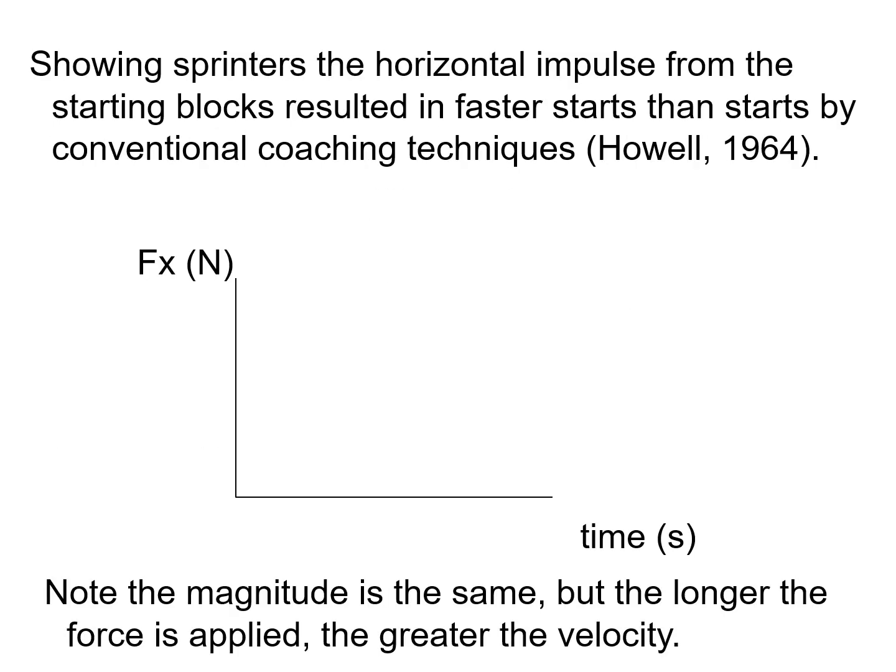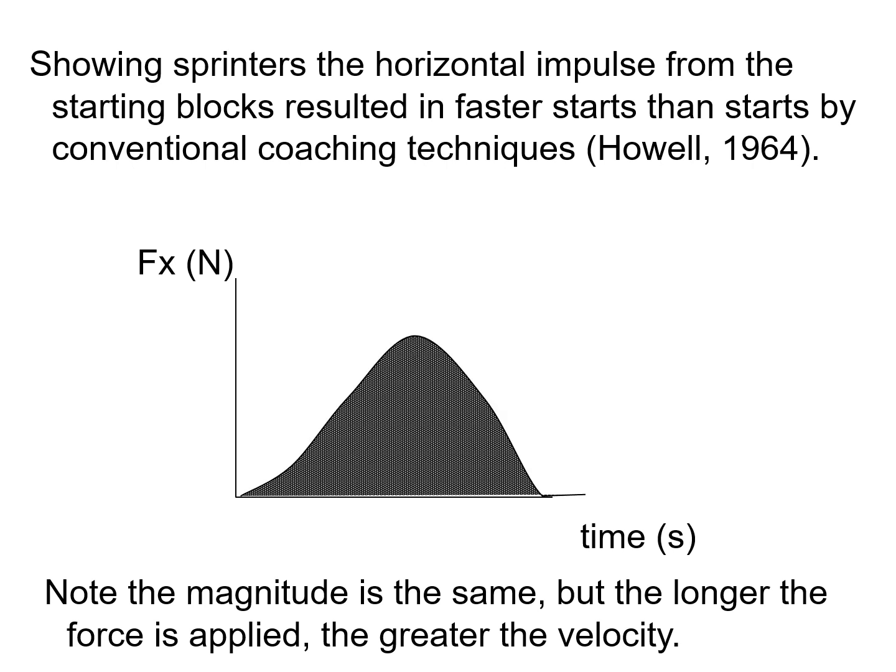So if we wanted to look at sprinters, okay? This first one, we're showing sprinters' horizontal impulse from using starting blocks. This results in faster starts than starts by conventional coaching techniques, if they're just plantar flexing against the ground.